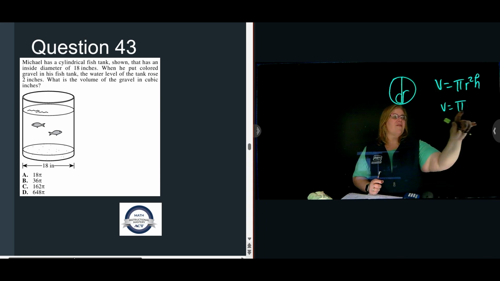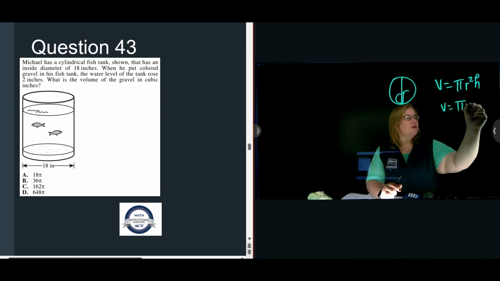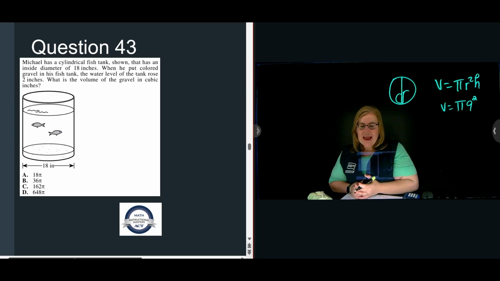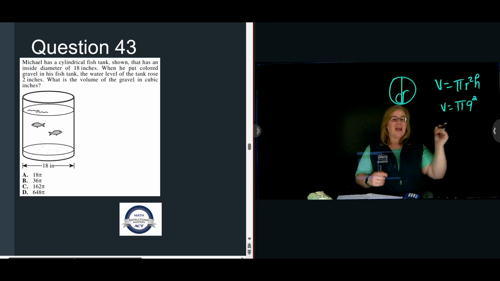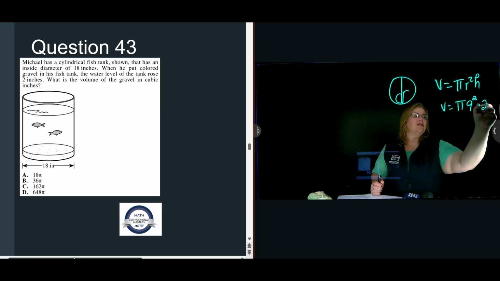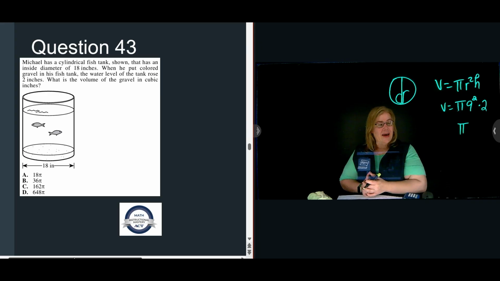All right, so I have my pi for my volume, and then my R, which is going to be 9 squared. And do I know my height? Okay, so that's something that we need to understand. The height of the whole fish tank? No, the height of the gravel. And we know that it is 2. So obviously, I'm going to have my answer in terms of pi.